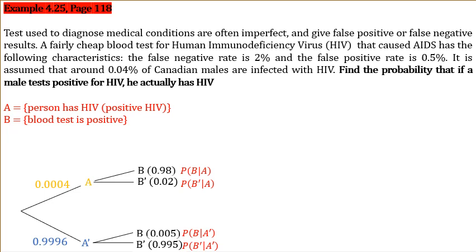The false negative rate is 2%, and the false positive rate is 0.5%. It is assumed that around 0.04% of Canadian males are infected with HIV. Find the probability that a male who tests positive for HIV actually has HIV.